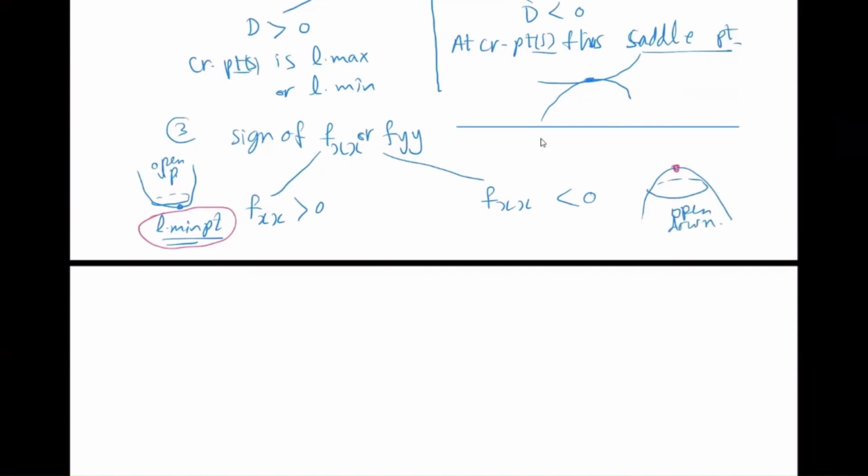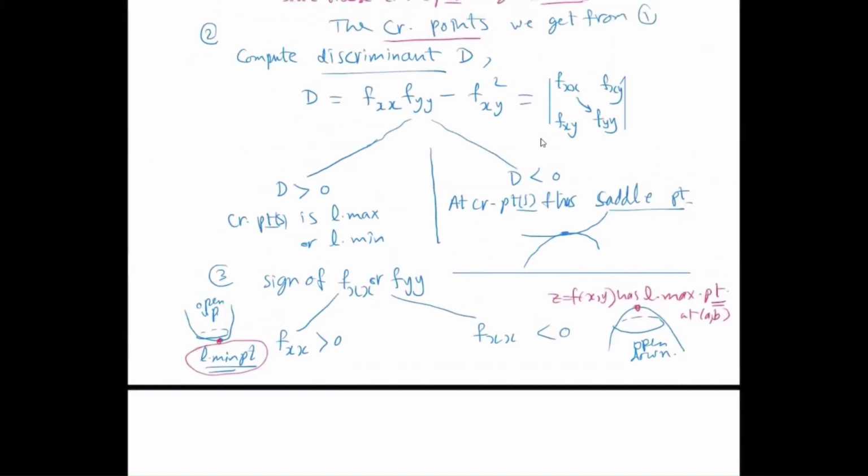Therefore, its critical point will be a local maximum point. z or f of x, y has a local maximum point at (a, b), the point (a, b). So take care here: if D is 0, the test fails. So what do we have?